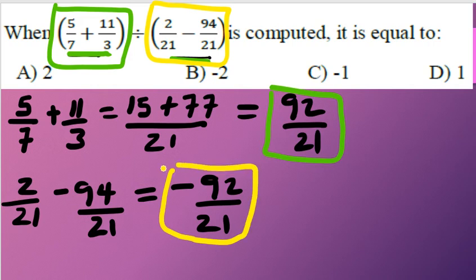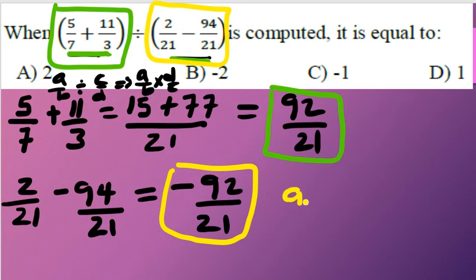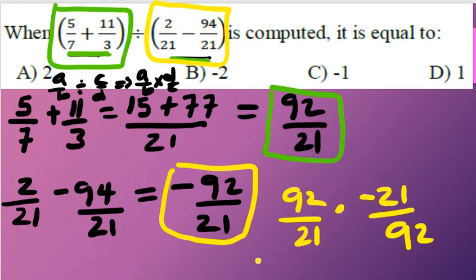So as I said before, when you are dividing two fractions like A over B divided by C over D, what does that mean? A over B times D over C. So I'm going to apply that rule here. 92/21 will be multiplied by the reciprocal of negative 21/92, because the negative has to remain in the numerator.